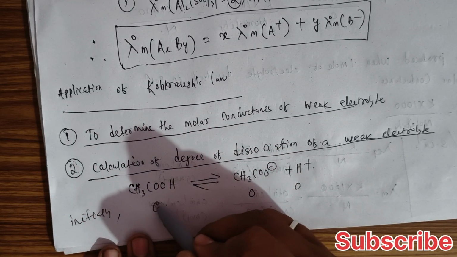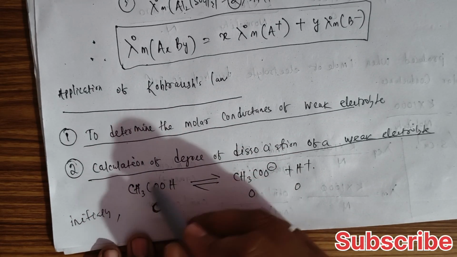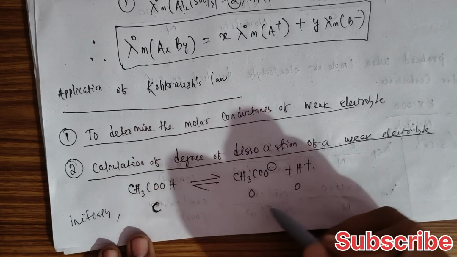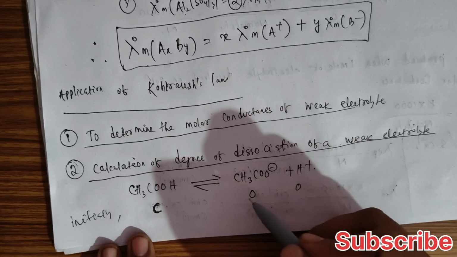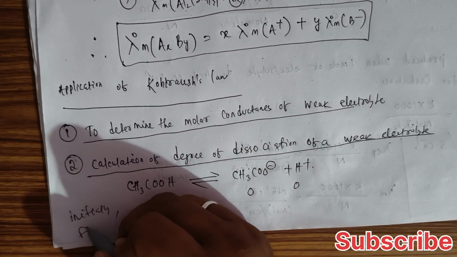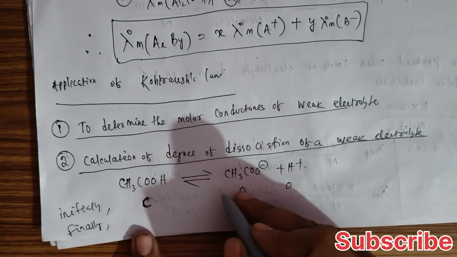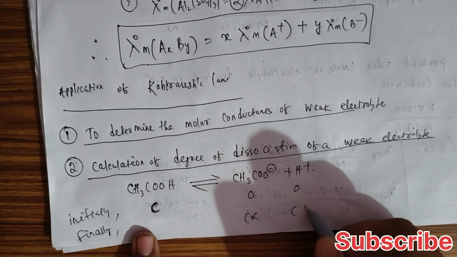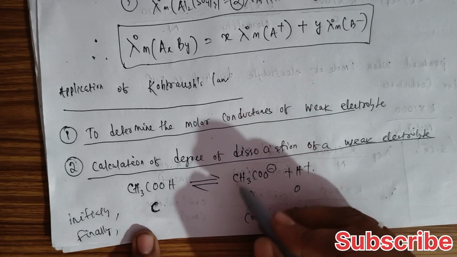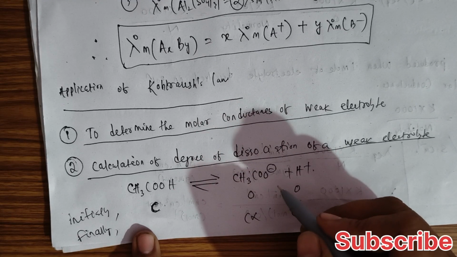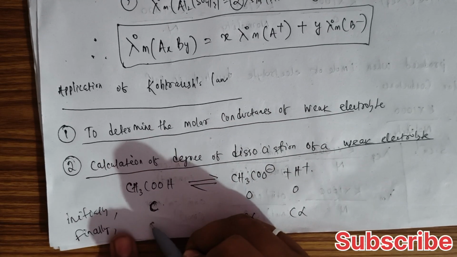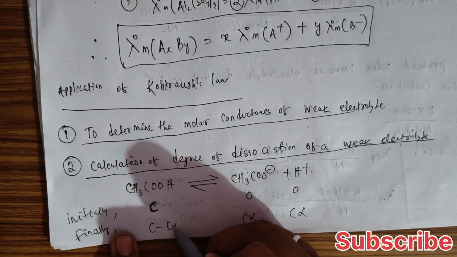That means only CH3COOH is present, there is no dissociation, so the ion concentration is zero. But finally, after some time, let C alpha molecules be dissociated. Then it gets reduced to C minus C alpha.